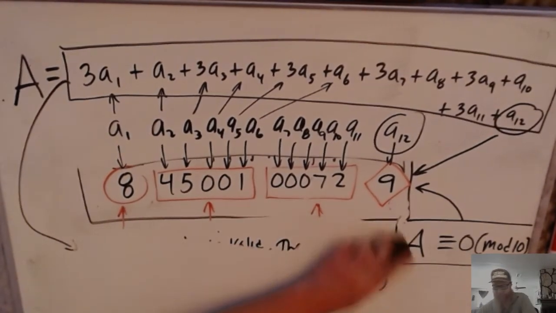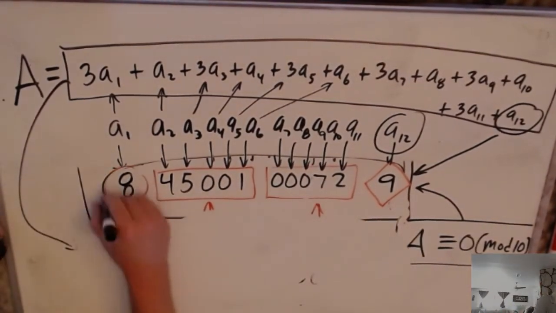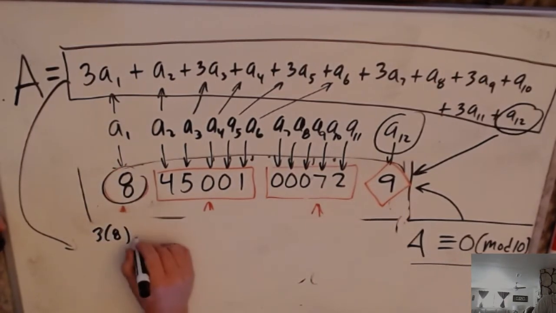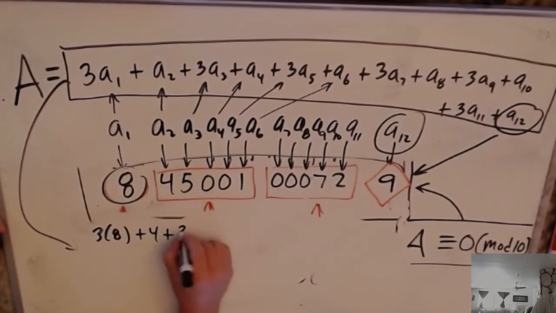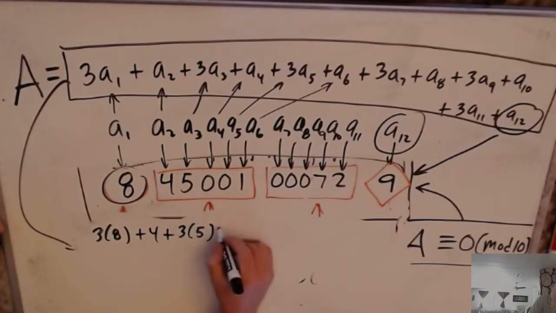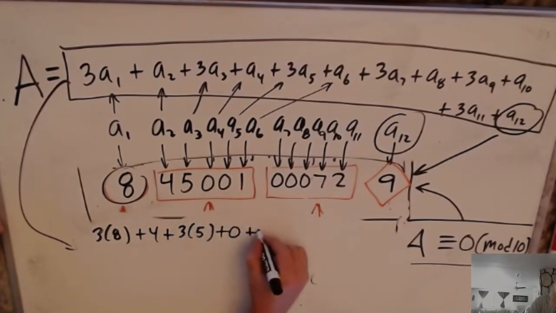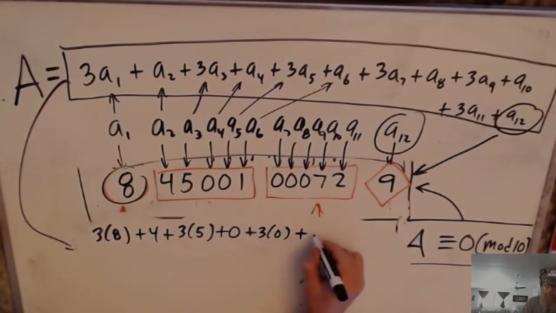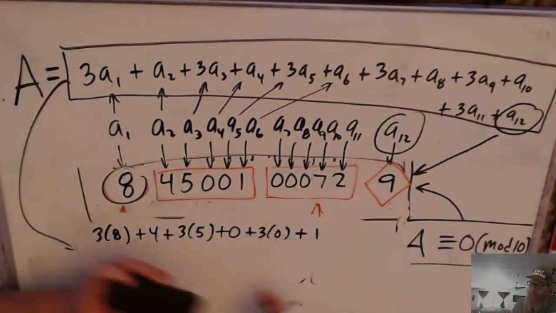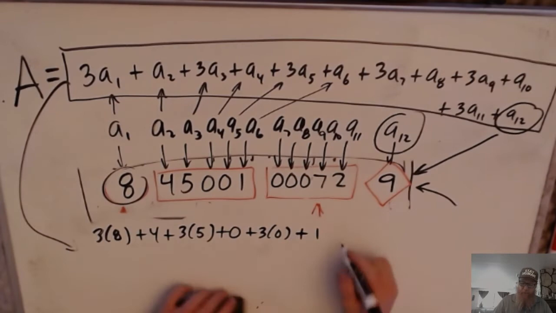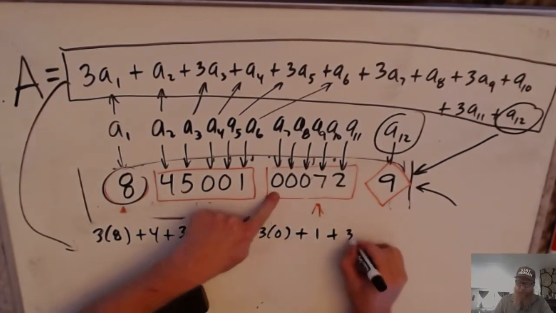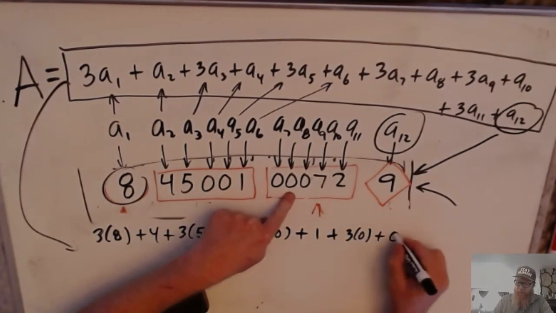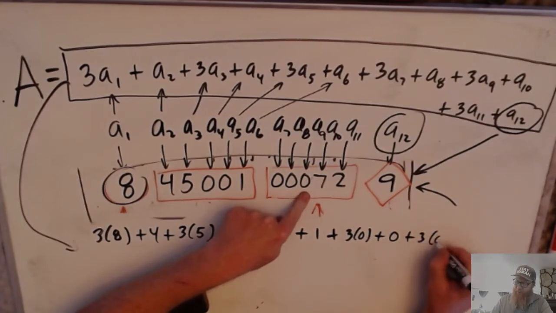Let's do it. So we got 3 times 8 plus 4 plus 3 times 5 plus 0 plus 3 times 0 plus 1 plus 3 times 0 plus 0 plus another 3 times 0.